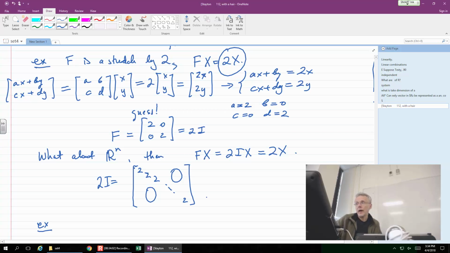What if we have, well, let's step away slightly and go backwards. What is this? If my matrix is 2, 0, 0, 3, what does it do?